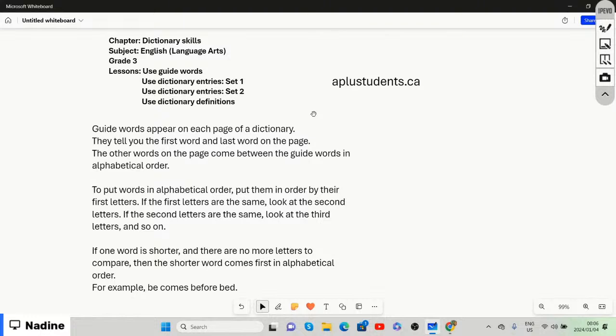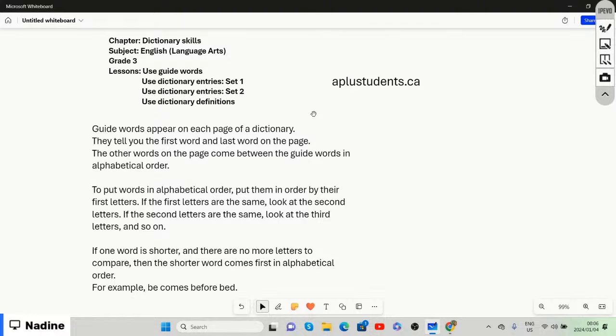And within a dictionary, we have guide words. We're also going to find out what guide words are, and how we can use guide words.